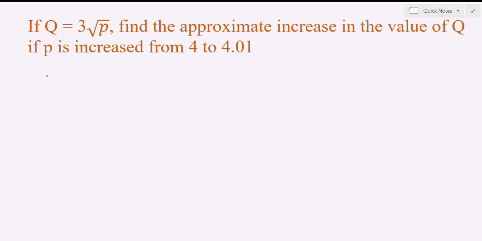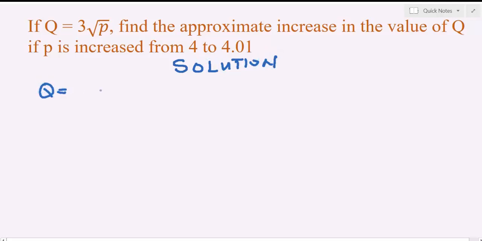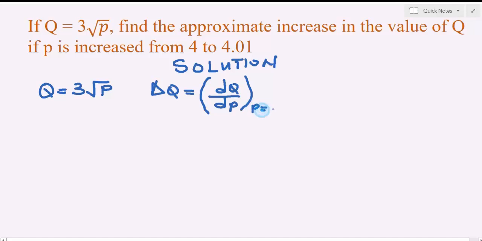The first one we are looking at today says: if q is equal to 3 root p, find the approximate increase in the value of q if p is increased from 4 to 4.01. So we know that our q is equal to 3 root p, and we also know that delta q is equal to dq/dp at a given value of p, times delta p.